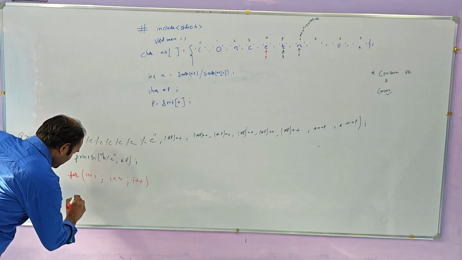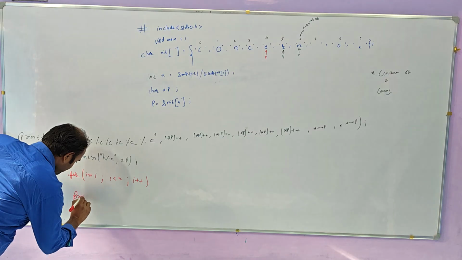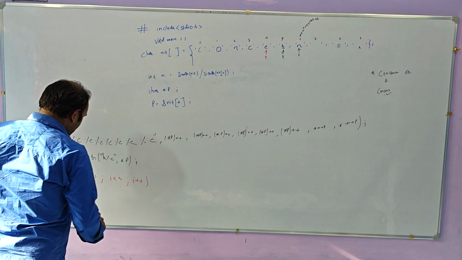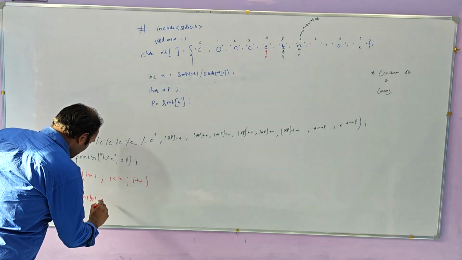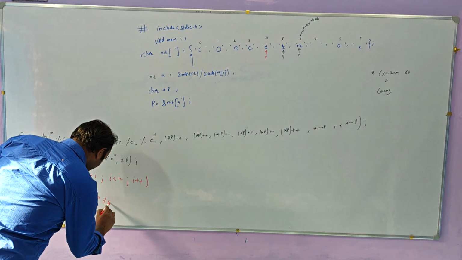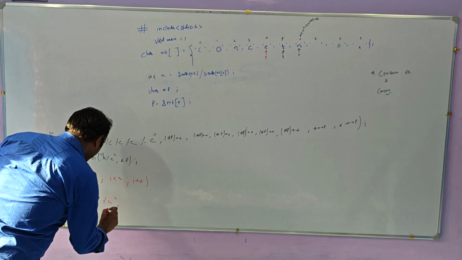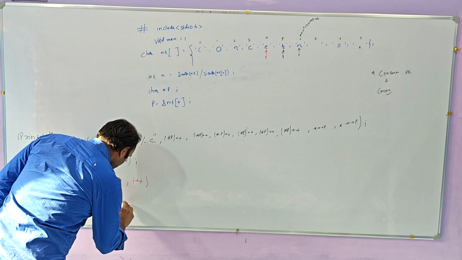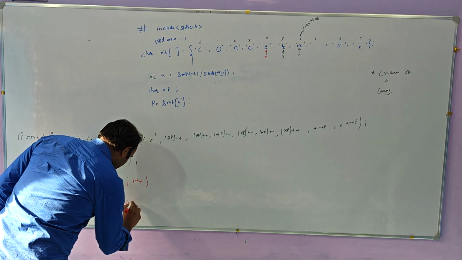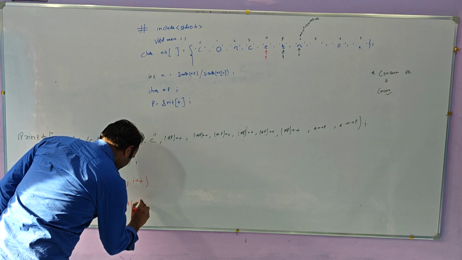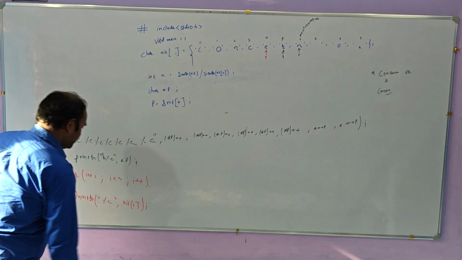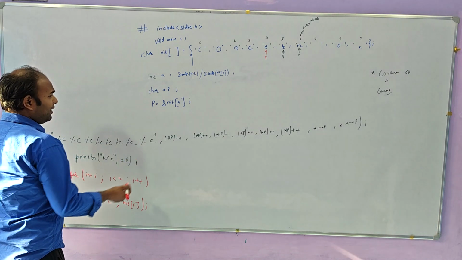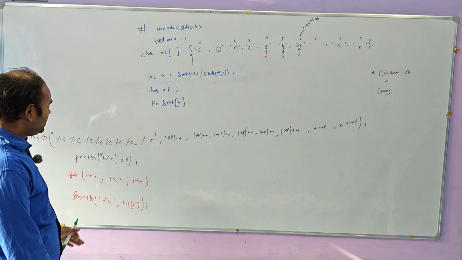So printf, we directly use %c and neat[i], that's it.